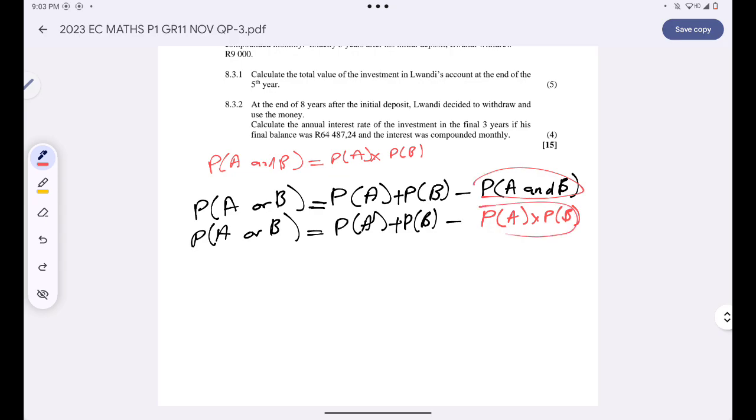These two things are equal, and they are only equal if it was stated that events A and B are independent.